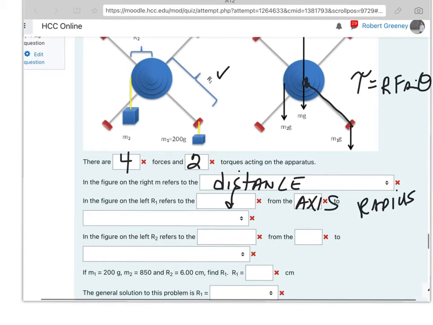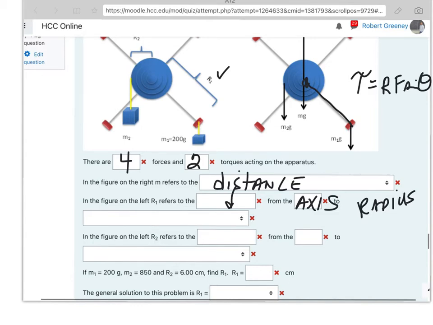And R2 is measured from the center of the axle, because it's pretty thick, so you measure to the center. And that measures exactly to the point where the string M2 is hanging.